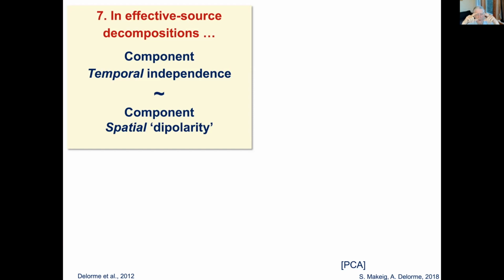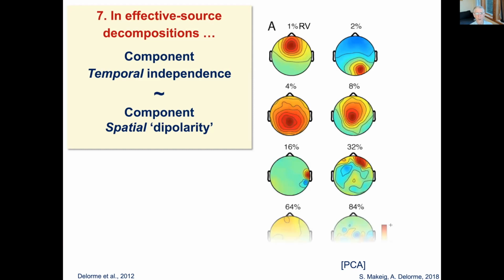Channel signals where electrodes are neighboring are, of course, highly overlapping, highly correlated. But the more mutual information you remove, the more components you will find that have spatial dipolarity. What does that mean?